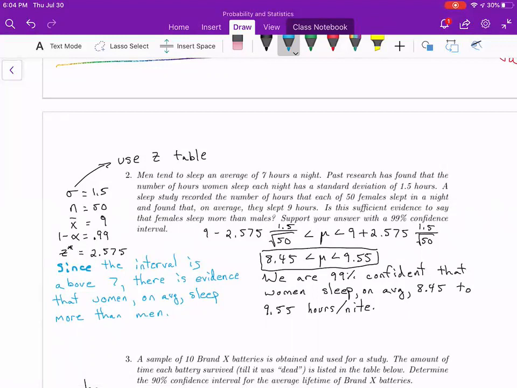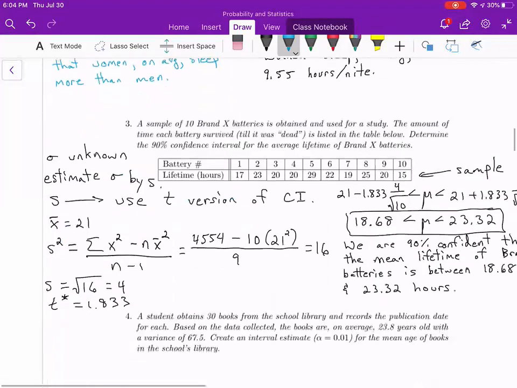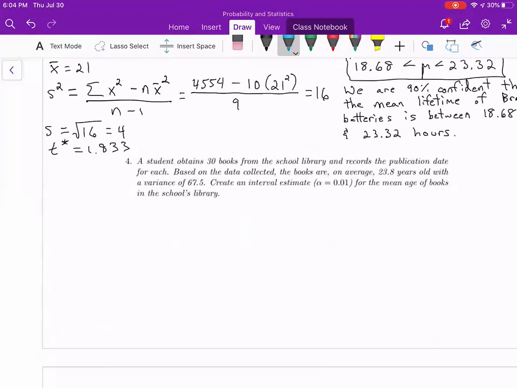Good question. All right, so take a look at 4. A student obtains 30 books from the school library and records the publication date for each. Based on the data collected, the books are on average 23.8 years old with a variance of 67.5.